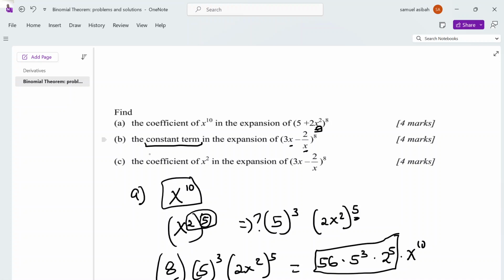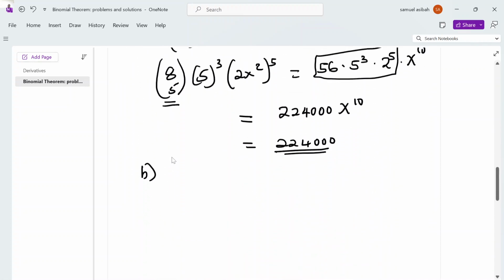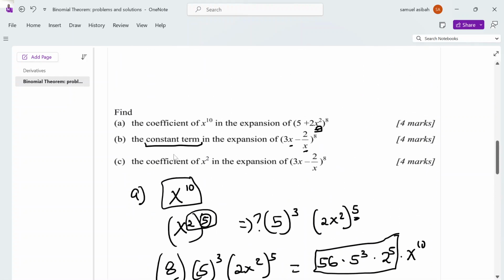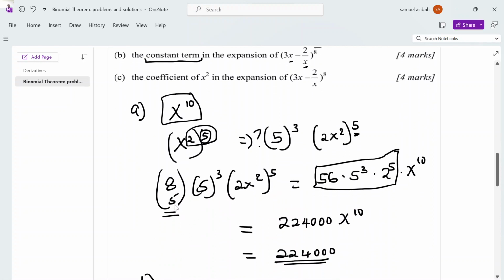When we have a constant term, and we have division, you find that in that particular term there will be no x. We shall just have a constant value.